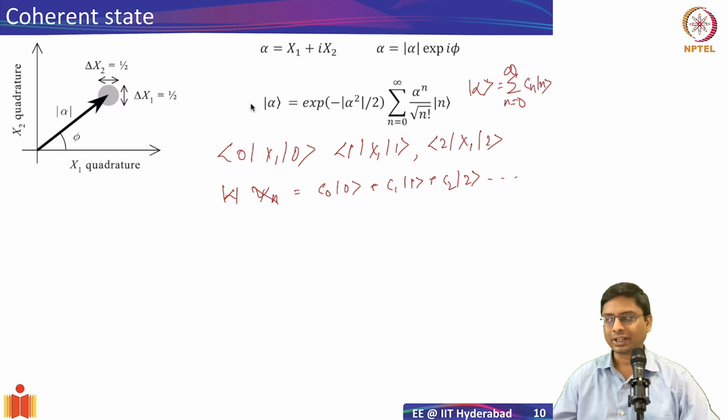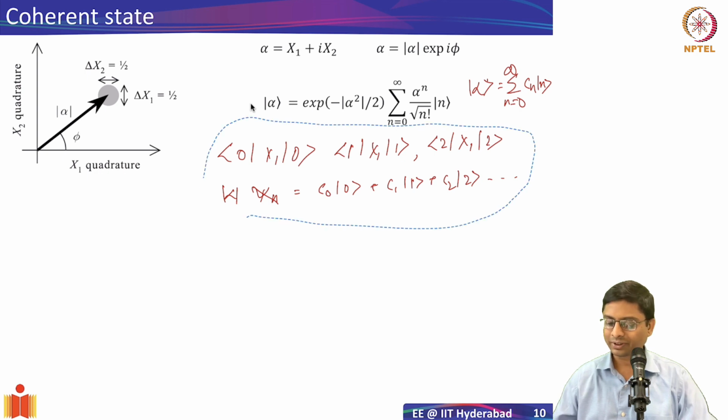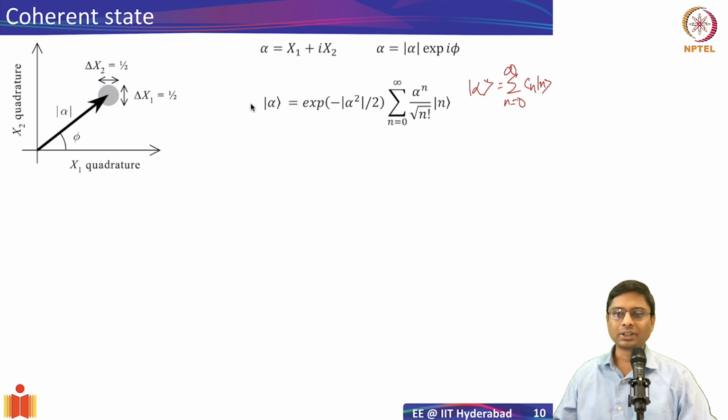Starting with that, we can actually show that this coherent state will come out to be this. We are not showing the derivation, we just give the final expression, that's it. All right, so it will turn out to be the expression given here.